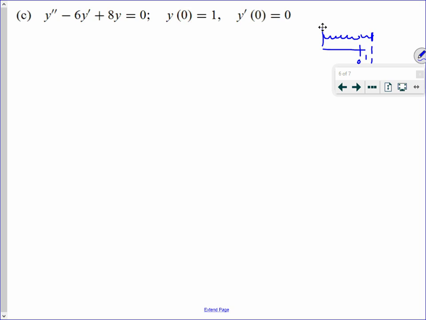So we bring it out to 1, and we let it go. We're stretching the spring. If it was a negative 1, we'd be compressing it 1 unit beyond equilibrium, and then let it go and see what happens.